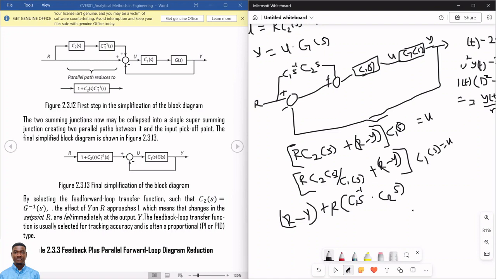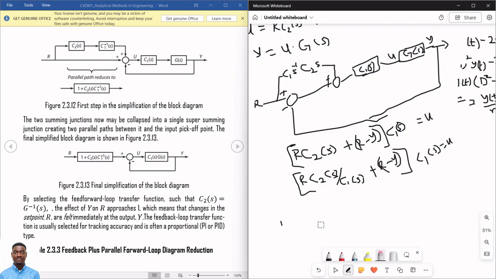So if I factorize this too, I just have C1S inverse dot this. So if I make my R the subject in this case, let me just rework this part for you.